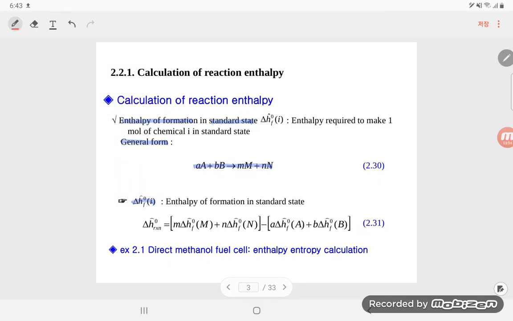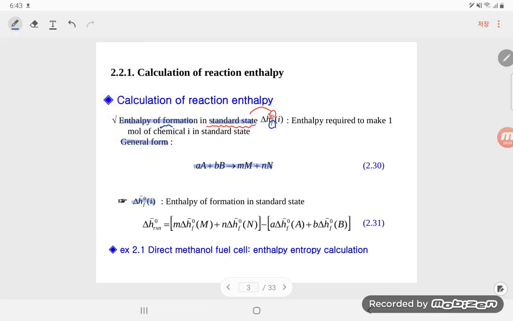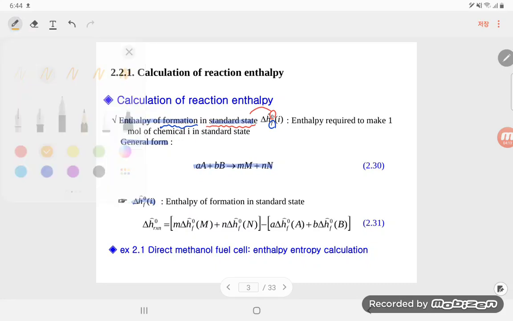This standard state is expressed with this 0 in the superscript, this f means the formation, and this i is 1 mole of the chemical species i.